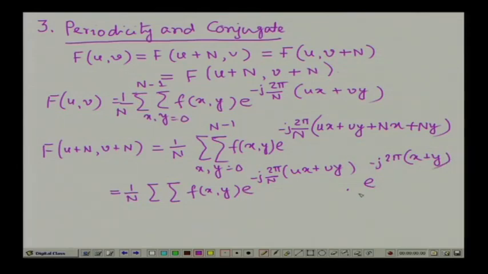Now, if you look at this second exponential term, e to the power minus j 2 pi (x + y), you find that x and y are integer values.